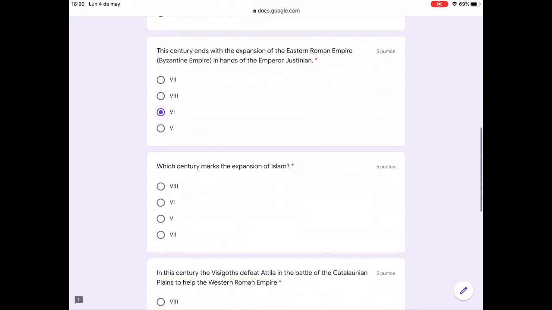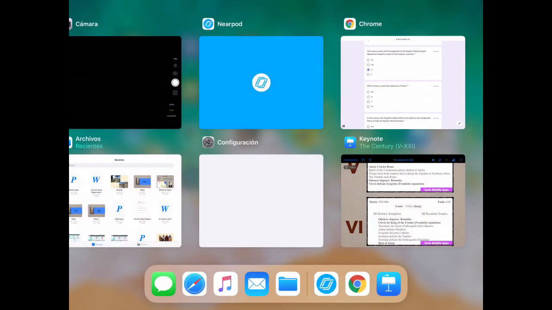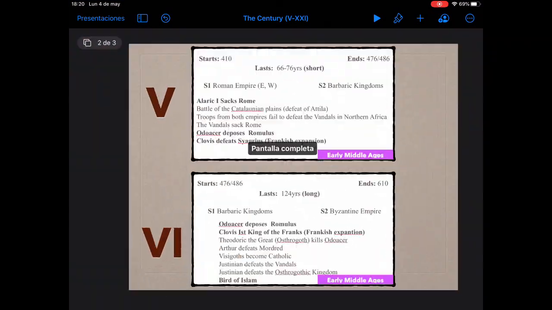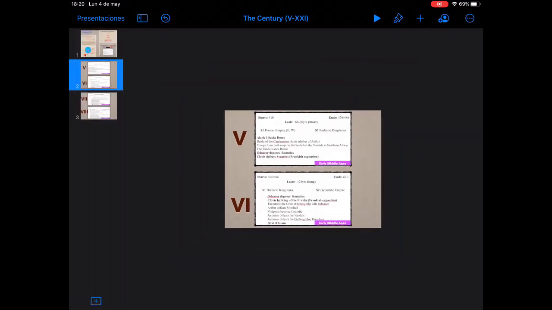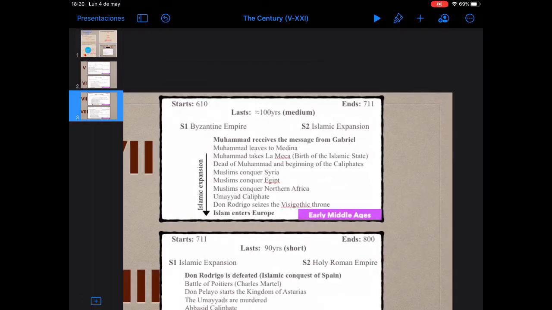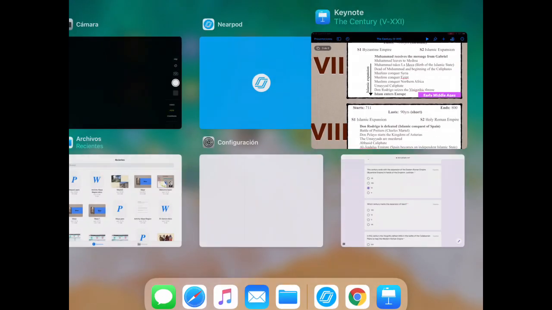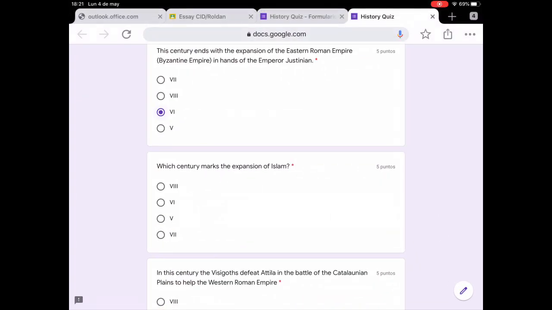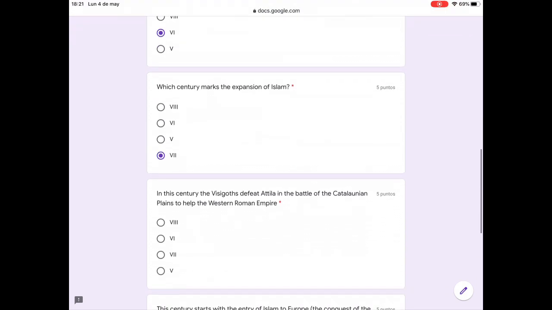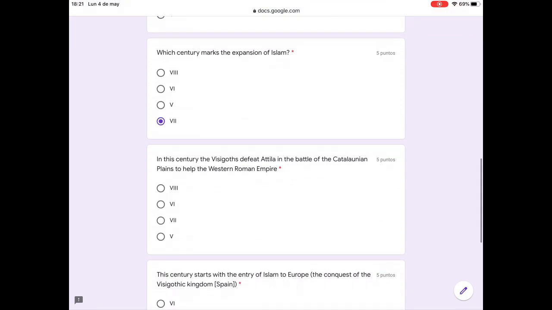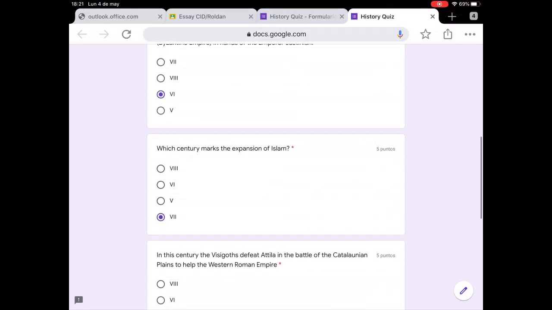Then which century marks the expansion of Islam? This one you should know by heart. And it is the 7th century. Islamic expansion, so this is the 7th century. In this century, the Visigoths defeat Attila in the Battle of the Catalaunian Plains.